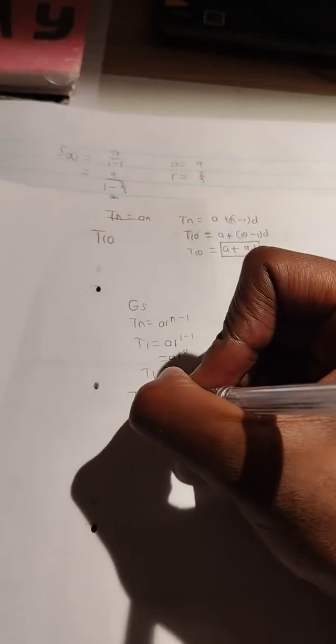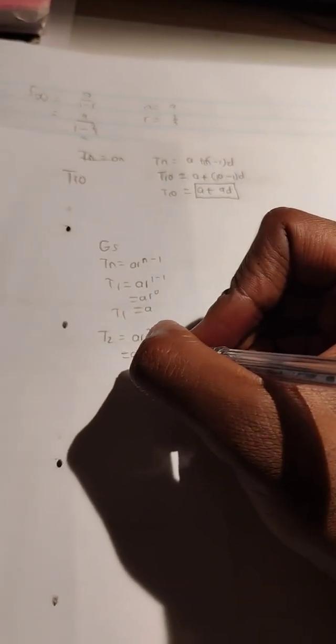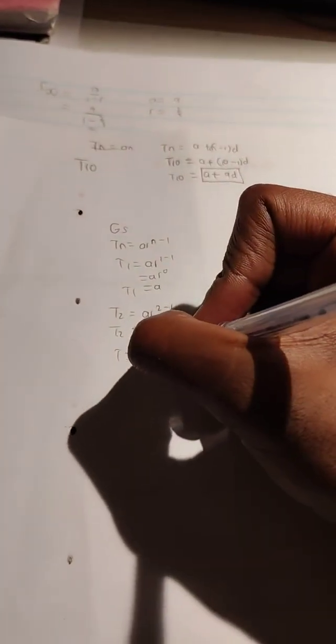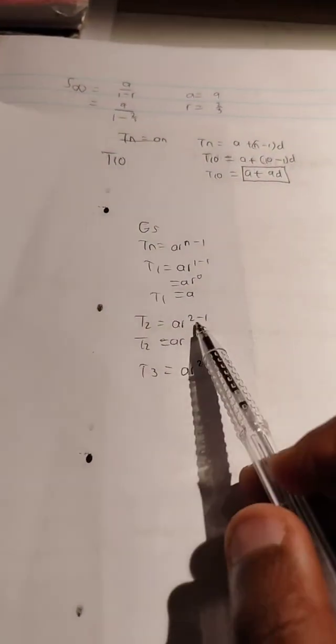What about term 2? AR to the power 2 minus 1. That basically means AR, AR to the power 1. That's term 2. Term 3, obviously, guys, I'm sure by intuition, AR to the power 2, because it's going to be 3 minus 1, which is 2. Term 4, 4 minus 1, which is 3. Term 5, 5 minus 1, which is 4.